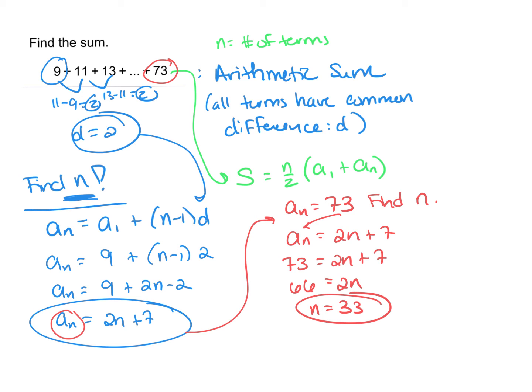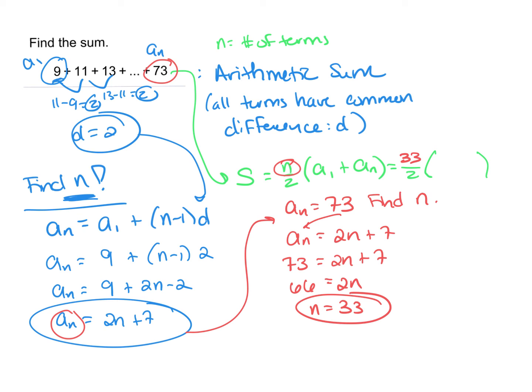Okay. We know n. We know A1. We know A sub n. We can now plug it into that green formula right there. So n is 33 terms divided by 2 times the quantity.